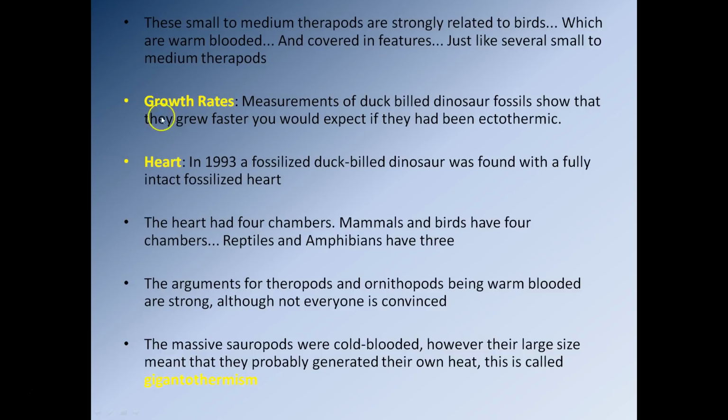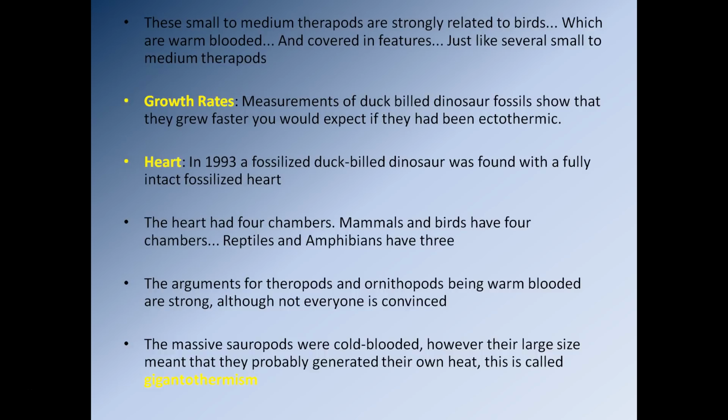So next we have the growth rate. Now this actually goes back to the growth lines. When we look at the bones of duck-billed dinosaurs, we see that the growth rates were extremely high. They grew very, very quickly. Once again, that is suggestive of them having been warm-blooded. When you're warm-blooded, you can take food, turn it into energy, and use that energy to grow very, very quickly.